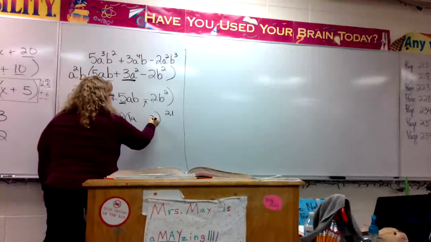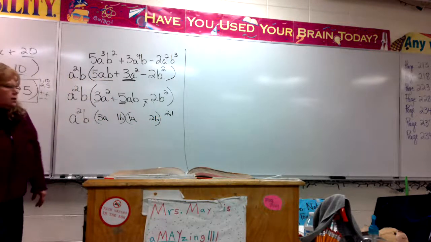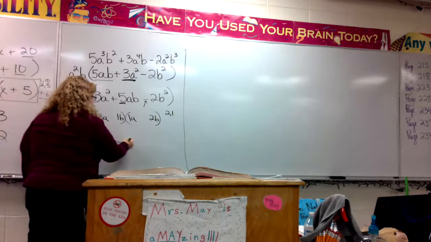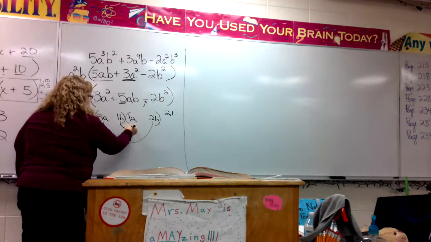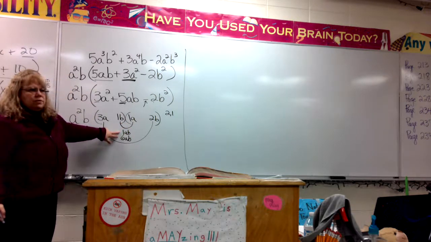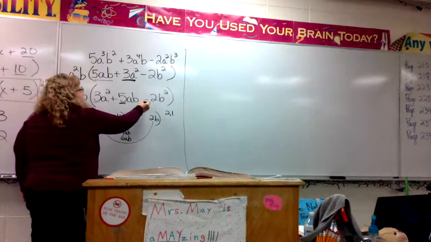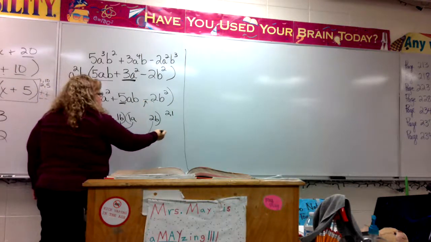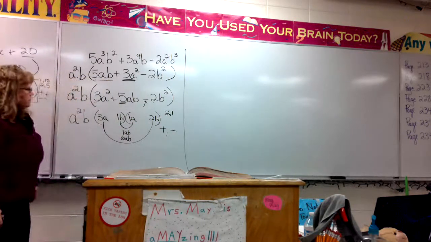1b, 2b. Try that. What does that give me? 6ab. What does that give me? 1ab. Does that subtract to 5? Yes. The sign is negative down here, so I have to have one of each, a positive and a negative.